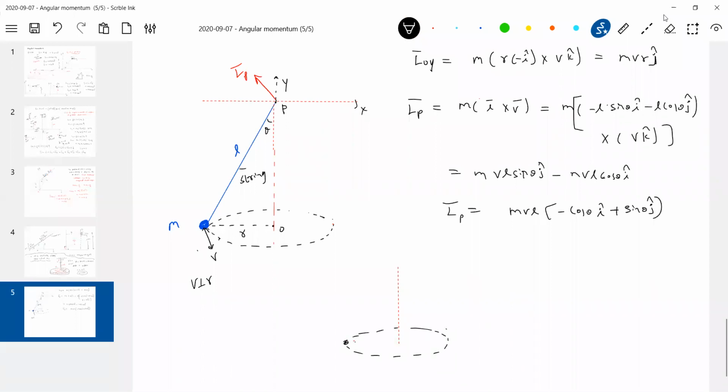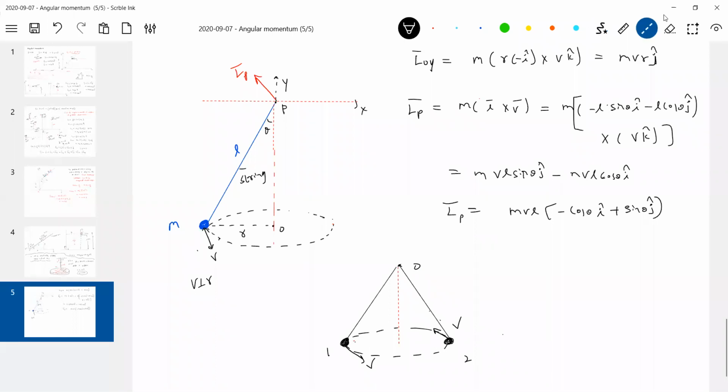When the bob is here, how is L bar, and when the bob is here, we have to show L bar. There is a position 1, position 2. Here it will have velocity V, and here it will have velocity V like this, tangential, at point 2.